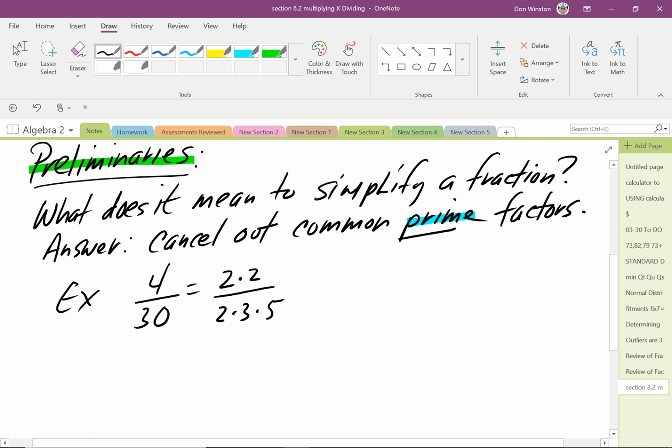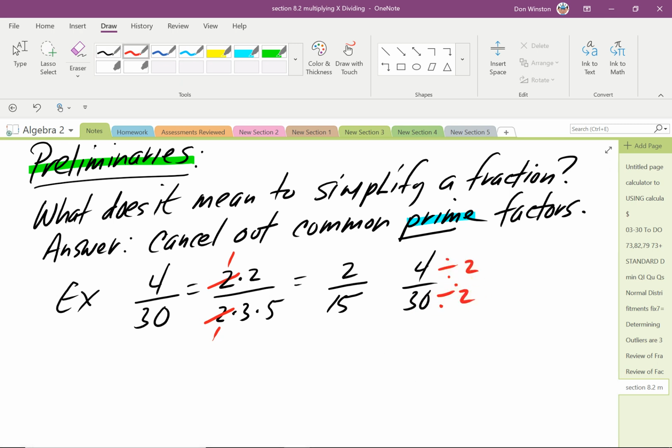So what we're really doing when we simplify a fraction, we're canceling out the common prime factors. We say 2 goes into 2 once and 2 goes into 2 once. And now there's no more prime factors to cancel out. And so this would be just equal to 2 over 15. But most of you would know that if you had 4 divided by 30 and you would divide both the numerator and denominator by 2, that would give you 2 over 15.